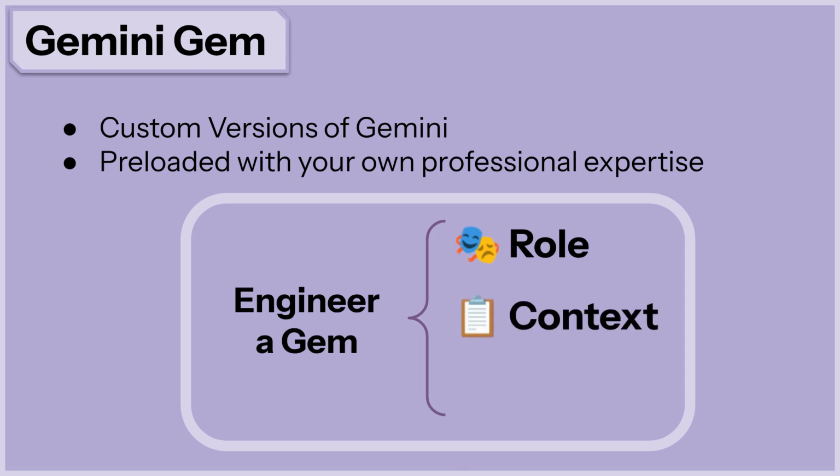Secondly, the context, the rules and standards it must follow. And thirdly, a task, the specific output you need every single time. Once it's set up, your gem acts as a 24/7 specialist assistant that already knows your tone and your school's logic and your high standards.